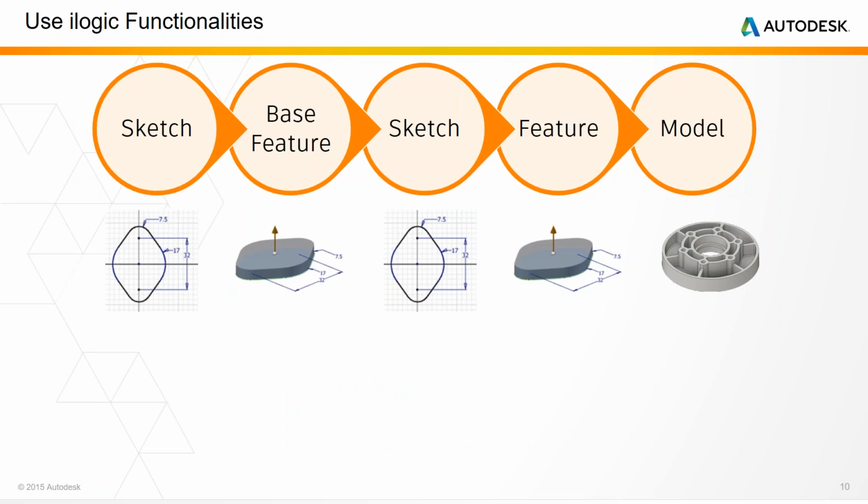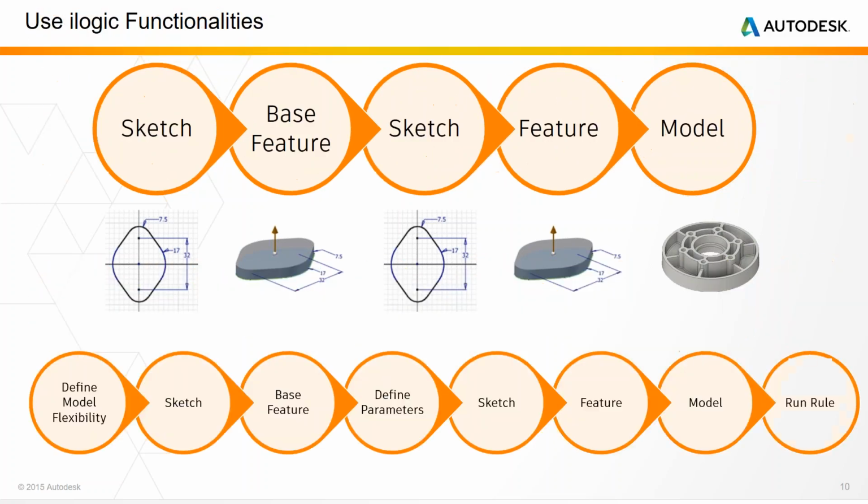In a simple creation workflow, we must first create a sketch, then create a base feature, then create another sketch, an additional sketch, and integrate another feature, and finally our model will be ready. But from the iLogic perspective, you follow a different workflow.